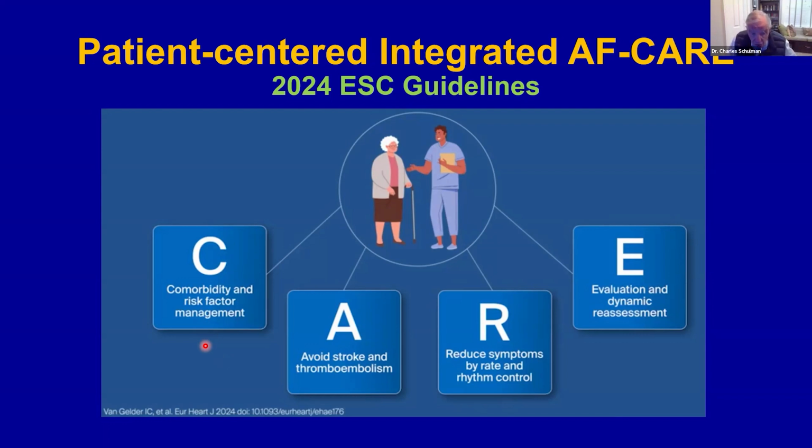Treating those conditions also treats the atrial fibrillation. A for avoid stroke and thromboembolism. That's what we're talking about today. R for reduce symptoms by rate and rhythm control. And then E for evaluation and dynamic reassessment, meaning once you treat the patient, don't forget about it. Follow up, repeat cardiograms, find out if patients are taking their medicines, and so forth.